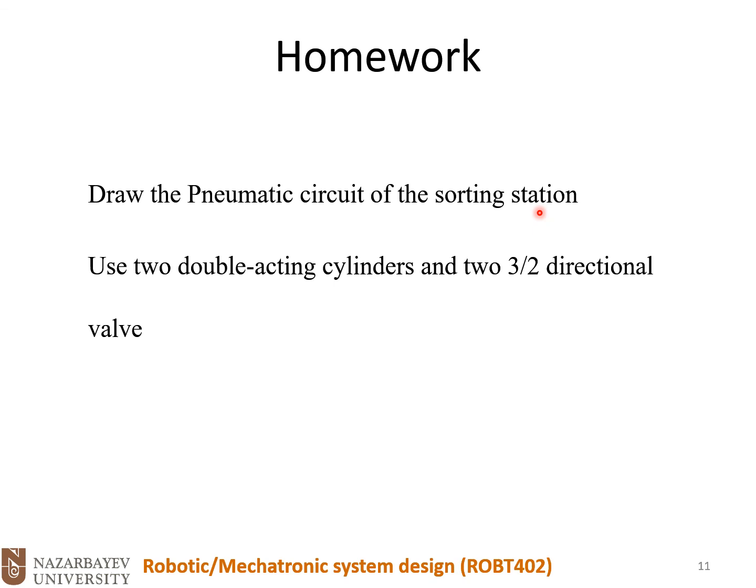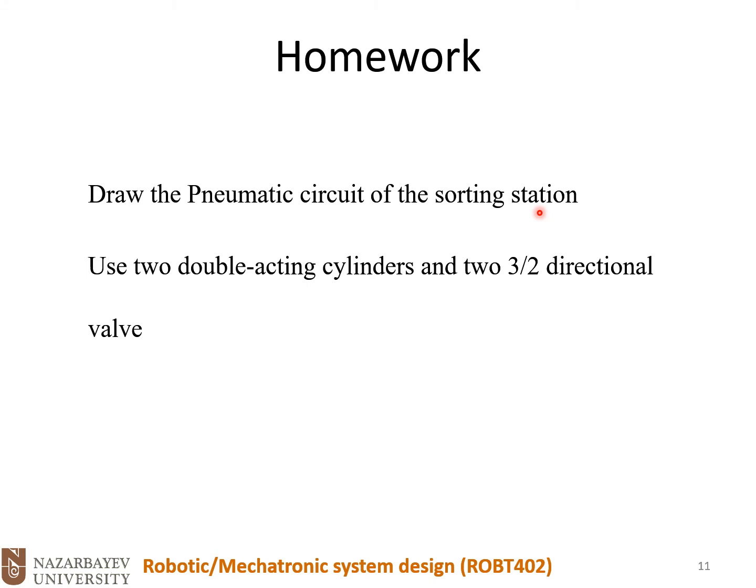So once you have done that review and you manage to locate all the sensors, then you could come to this homework. So you want to draw the pneumatic circuit of the sorting station.